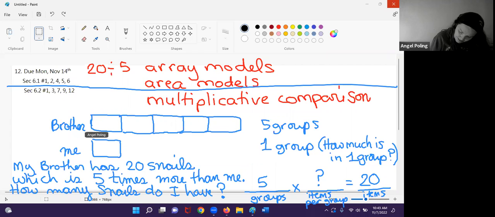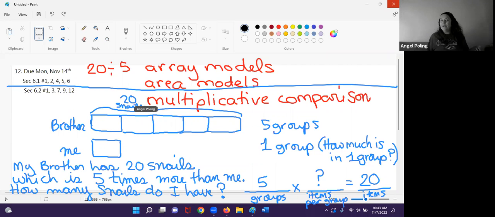And then this has a quantity of 20 snails. And we would go about taking the 20, dividing by the 5 parts, putting a 4 in each of the parts so that we could then say that the me person has 4 snails, right?